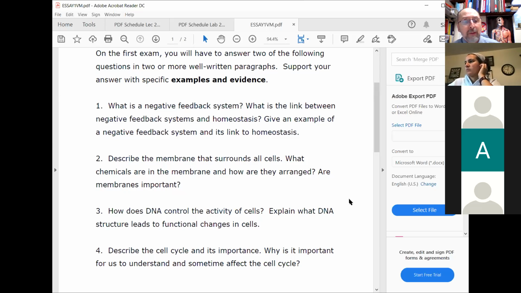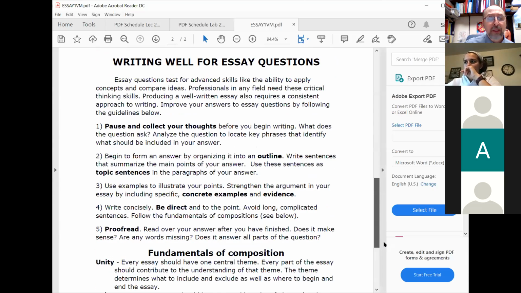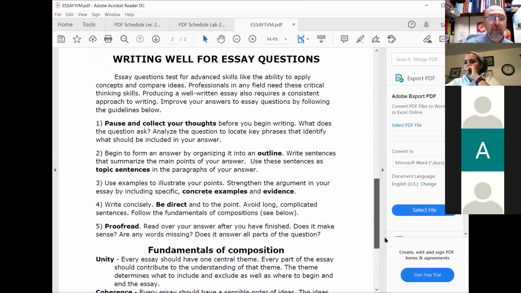Another is on cell membranes, the molecules in cell membranes and their importance. A third is on DNA and how DNA structure is converted into functional changes in cells. The fourth is on the cell cycle, the life cycle of the cell involving interphase and mitosis. There are also some hints on how to write a good essay.